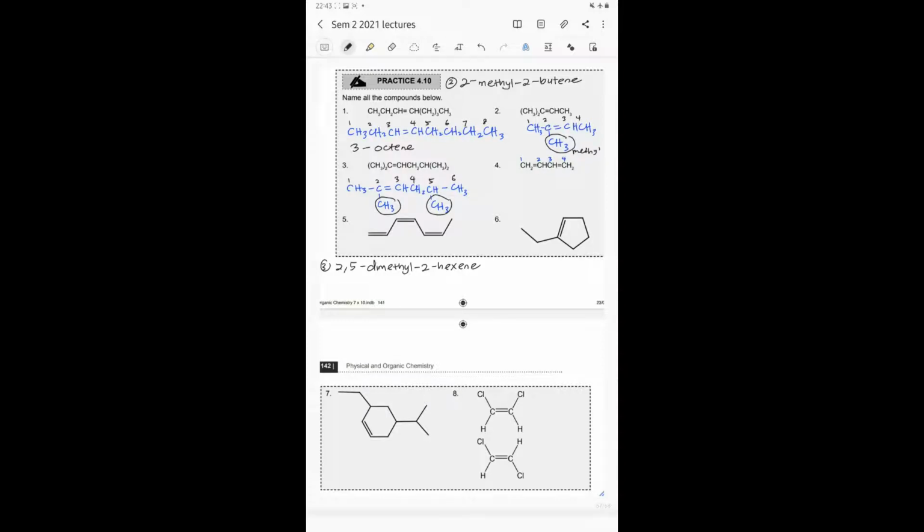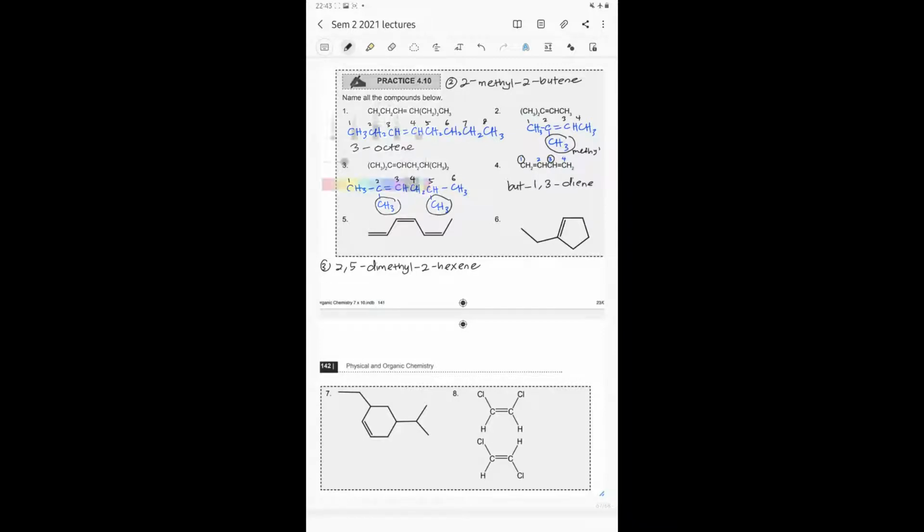But what is the name? We have 4 carbons, so the name will be but, and then refer to the position of the double bonds. Start with carbon number 1 and carbon number 3. 1, 3-diene. Simple, right?